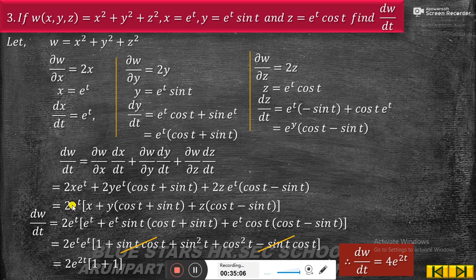Therefore, I write 2e^t outside. So 2e^t into the remaining terms: x + y(cos t + sin t) + z(cos t − sin t).